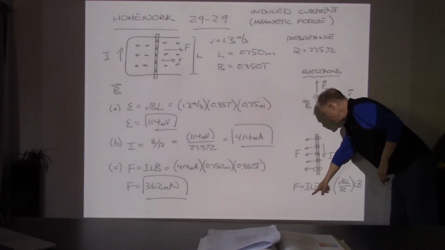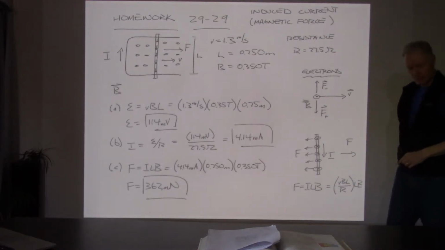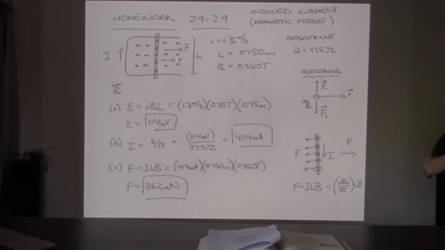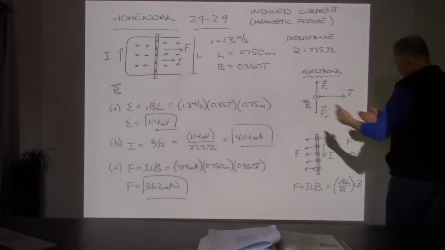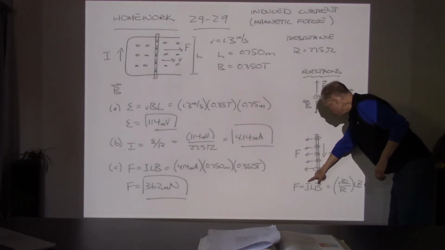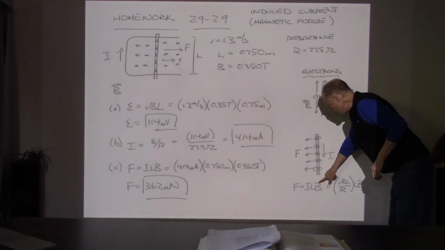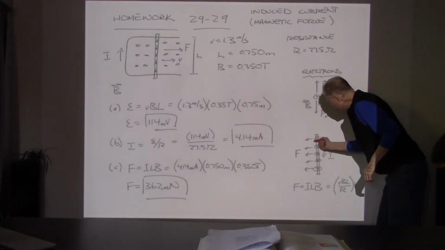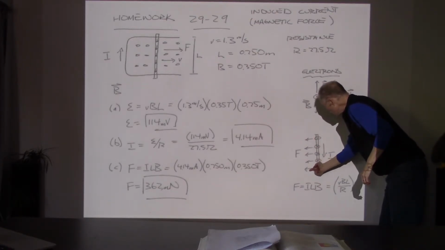And we also have a formula that tells us how much force there will be on a length of current, and that's the formula we're going to pull out and use here. The force on a length of current I traveling through magnetic field B, there's going to be forces all along here.